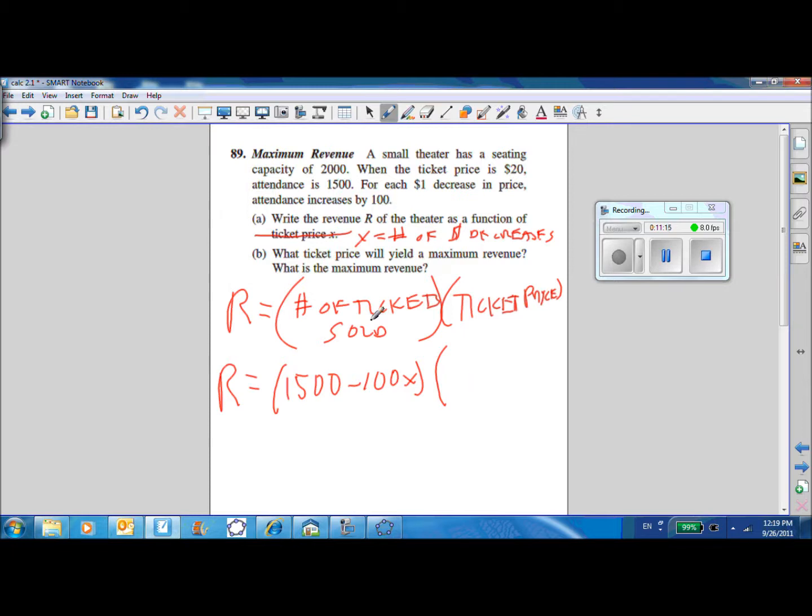Now, the ticket price itself, though, x is the number of decreases, so we can come up with a price of $20, but then we're going to subtract off x. So if we have a $5 decrease, it's going to be 20 minus 5, or $15.